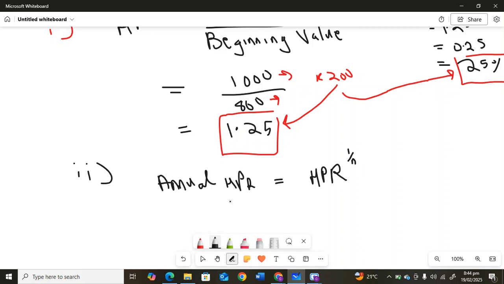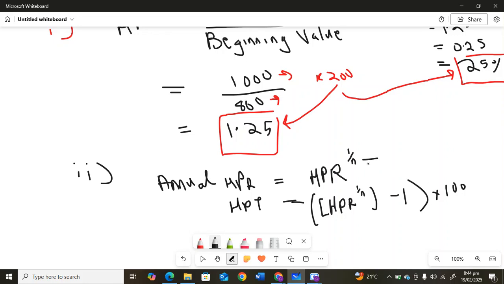Then the annual HPY is the annual HPR, HPR to the power 1 over n, minus 1, times 100% because this is in percentage format. So here our HPR is 1.25.